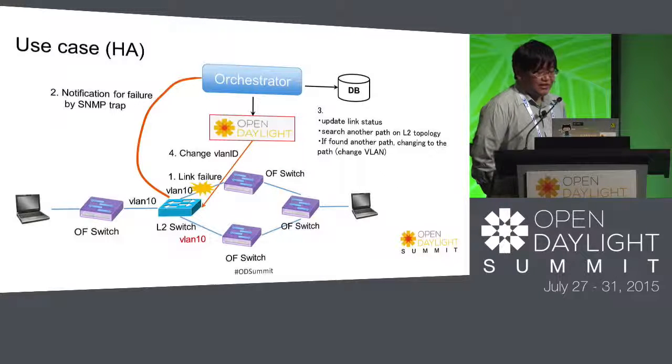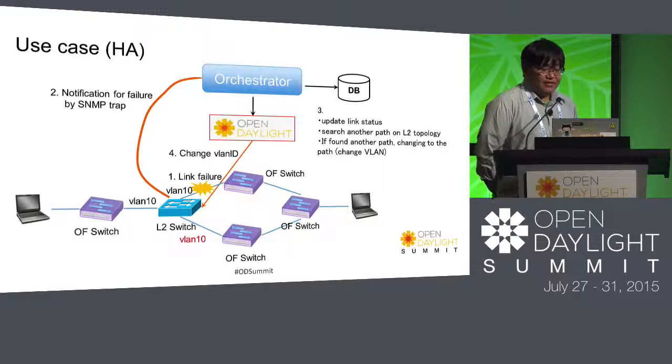Then the notification event for link failure is sent to the Orchestrator by SNMP trap. The Orchestrator detects the SNMP trap and searches for another path on this topology.